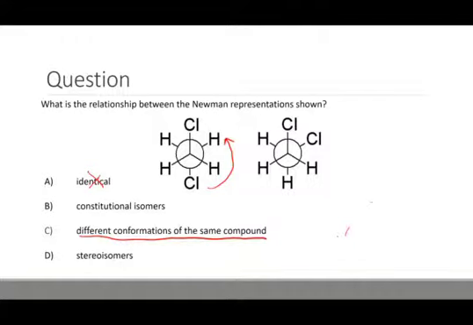So if we rotate this chlorine here to this position here, you can see that these structures remain the same except for just a rotation of the back. So this is an instance where you have different conformations of the same compound, just a rotational conformation.